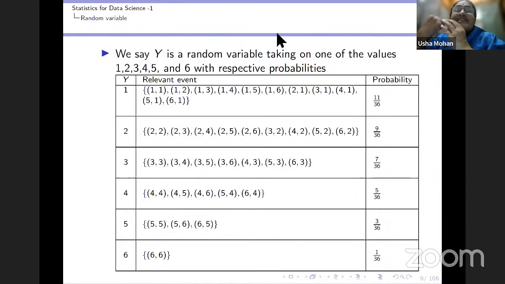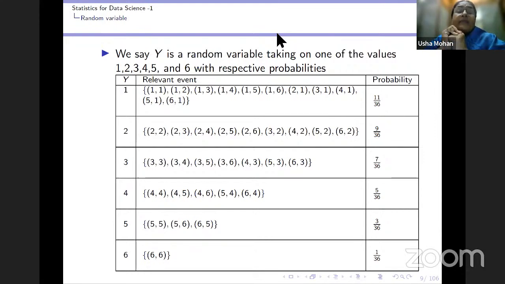So I am saying X takes some value. For example, I can say X takes the value 0 if the first die is even, and X takes the value 1 if the first die is not even. Because there are only two possible outcomes, and that's what we will see when we discuss binomial random variables.